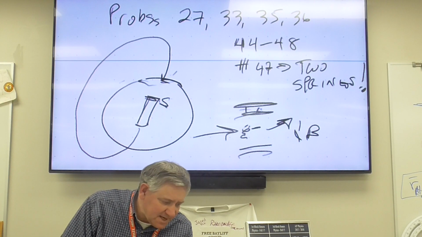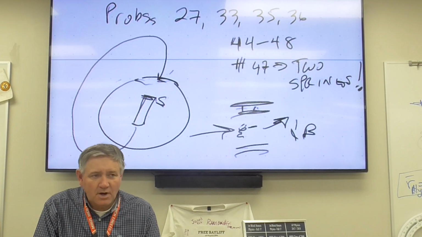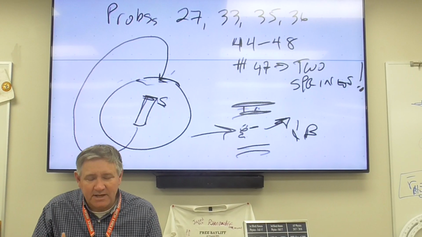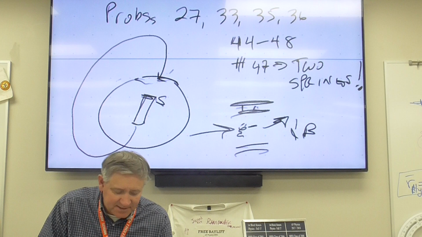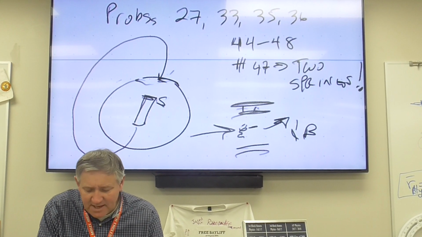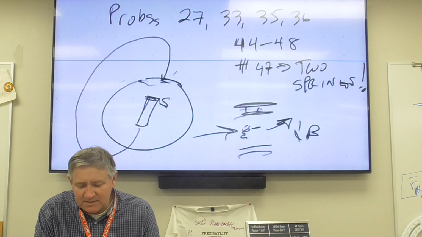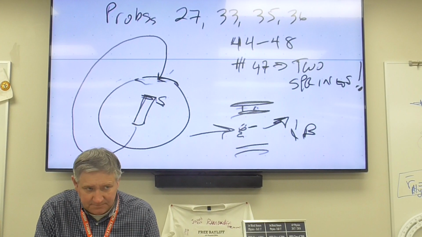On 48, it asks about something called a railgun. A railgun is basically a very high energy way to accelerate a charged particle using a magnetic field. If your answer to 48A is wrong, everything else is going to be wrong. Your answer to 48A should be around 1400 amps.